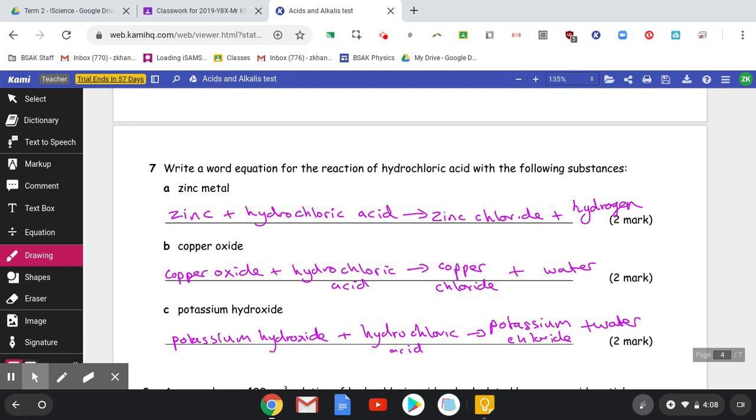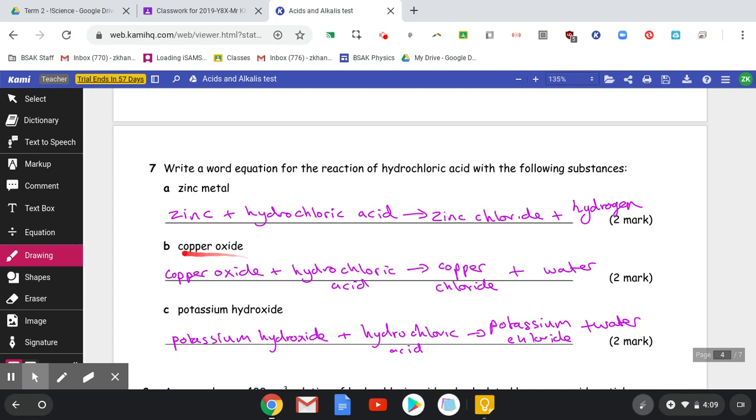So we can't actually produce water as we normally do in our neutralization reactions because there's no oxygen here. So zinc will attach itself to the chlorine, making zinc chloride salt. What's left over is hydrogen, and hydrogen gas on its own. So the mistake that students would have made here is written water.